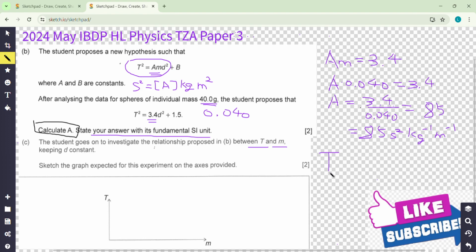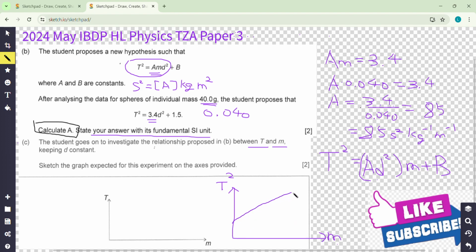T squared, take the m out, equals a d squared, which is a constant, kept constant, m plus b. You got it. So the T squared against m graph should be a straight line with a y-intercept.